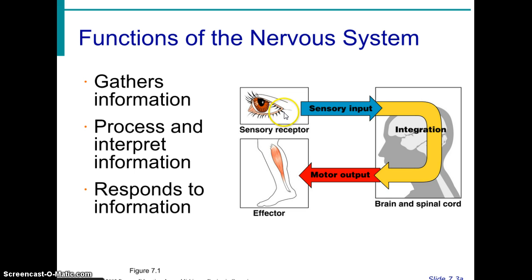And then that sensory information gets passed to the integration unit, which would be the brain and the spinal cord, where that information is processed. And then there's some kind of motor response. The integration system decides if action is required, and then it responds to that information.